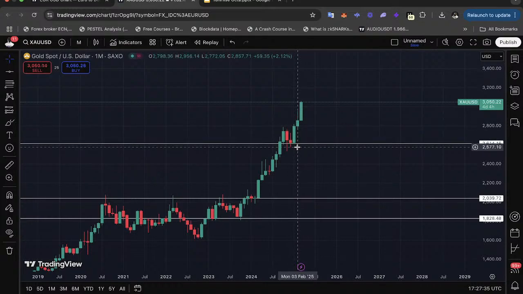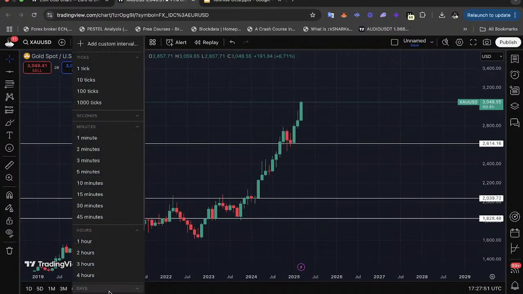So the possibility of spotting market structures where price would most likely reverse, most likely get to before bouncing back, or most likely drop from will not be obvious. So we are going to go down to the weekly time frame.